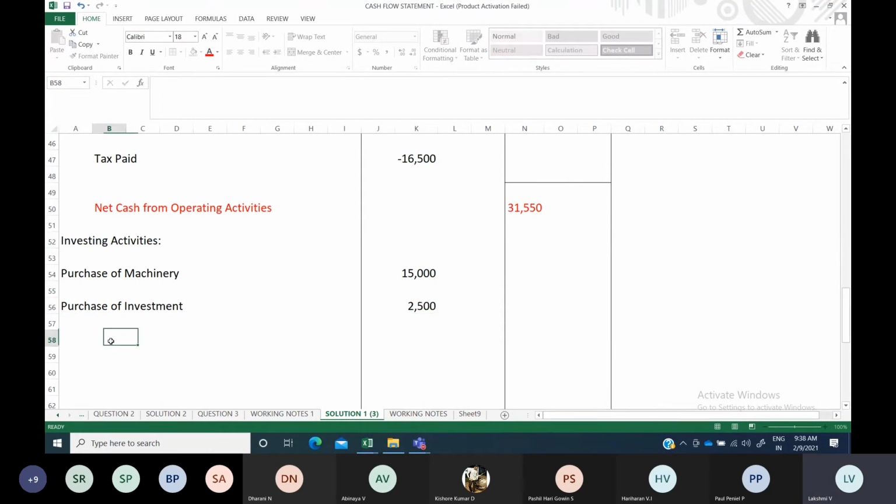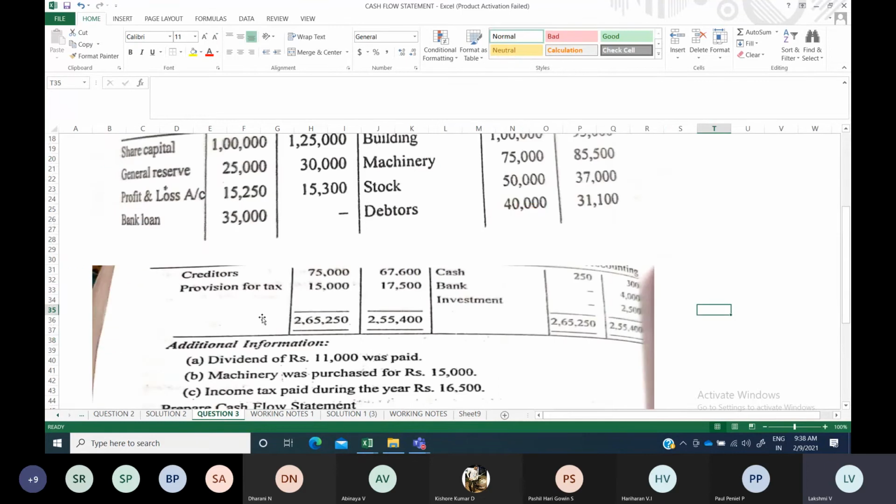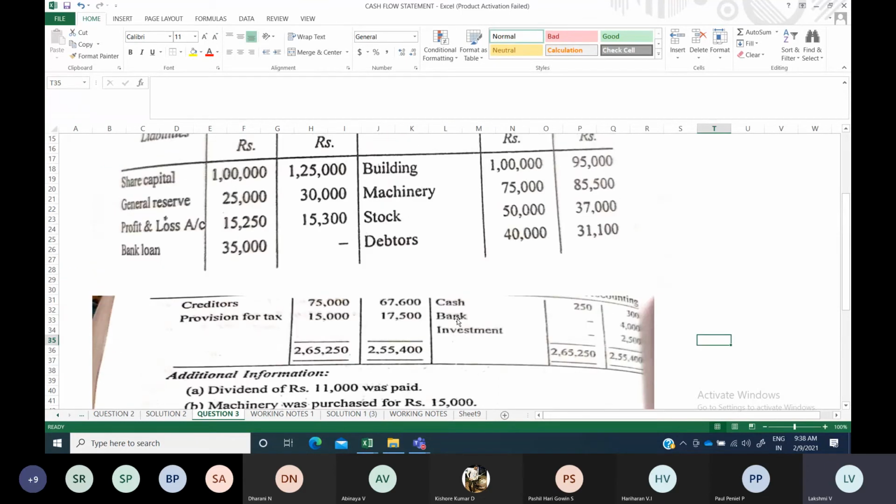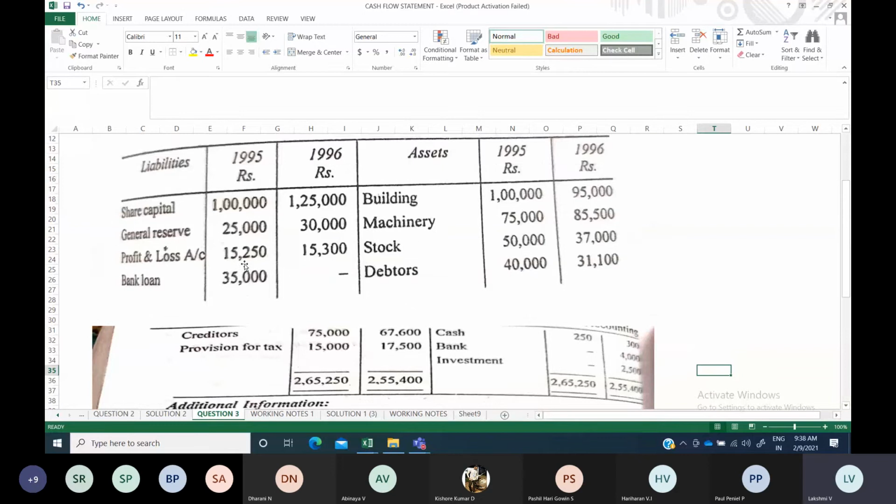Next you have to see if any other items have been skipped by us. Cash and bank will come only at the end. Share capital is all financing activities. General reserve we have already taken. Profit and loss account already taken. Bank loan comes under investing activities. If you have borrowed, it is an inflow; if you have paid, it is an outflow.